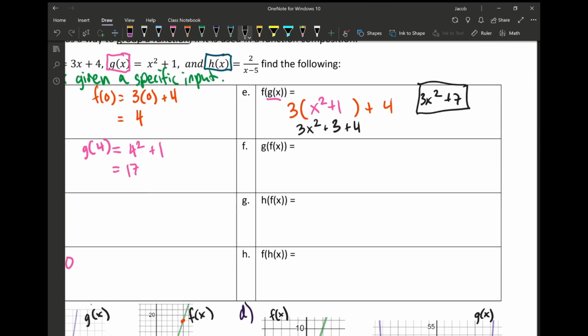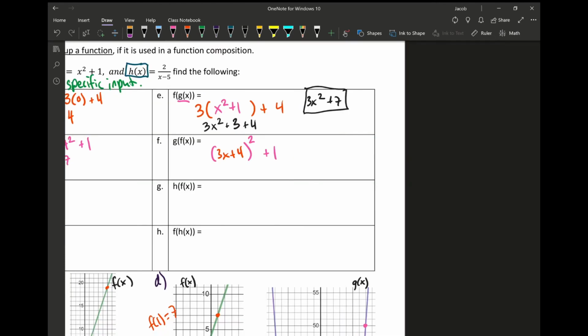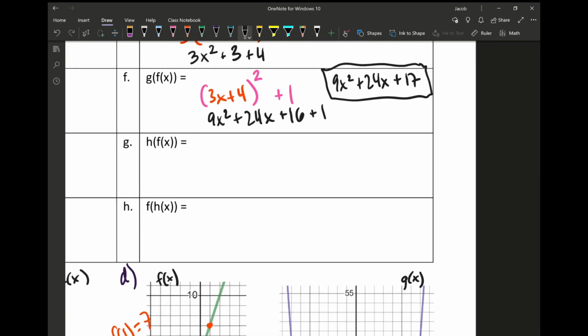For the next one, we're putting f inside of g. Now, if you want to try G and H and see if you get the same thing that I do.